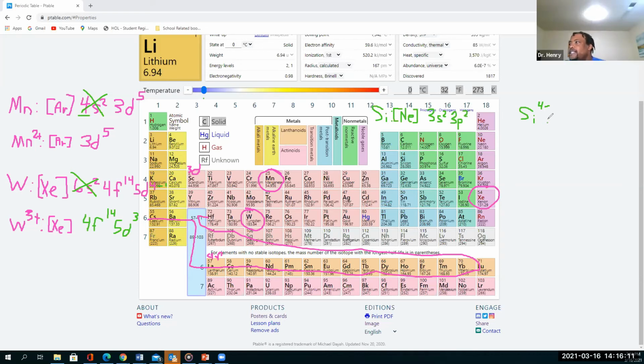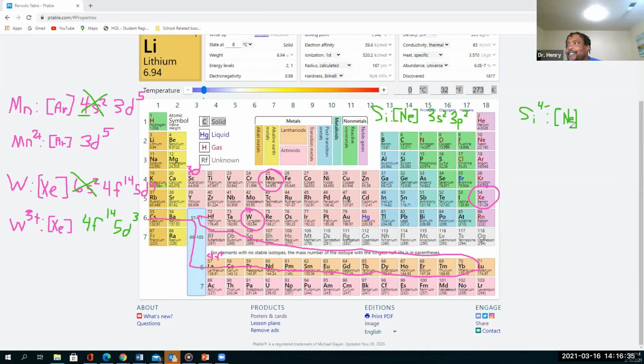Okay, so if we're going to Si 4 minus, then what is it going to be? We're adding just 4 now, instead of taking away. So we add 4 to the 3p, that's 3p6. So then my electron configuration should be Ne, 3s2 3p6.